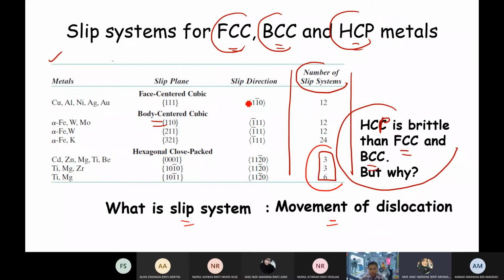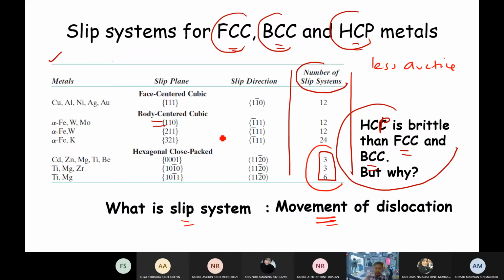Apa tadi doktor kata? Okay, because we have a less number of slip system here, meaning that HCP is less ductile. Sebab okay, we define slip system as something that we can relate to a movement of a dislocation.